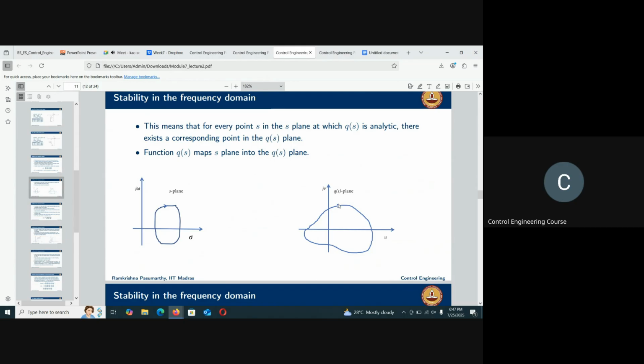Q is a function that takes you from one complex number to another complex number. So if some guy travels in this loop in the S plane, I can ask where it will get mapped to in the corresponding Q of S plane. You may get something like this. Correct? Are you understanding what this plot means?